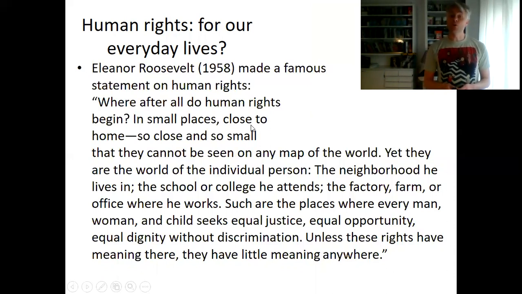Yet they are the world of the individual person, the neighborhood he lives in, the school or college he attends, the factory, farm, or office where he works. Such are the places where every man, woman, and child seeks equal justice, equal opportunity, equal dignity without discrimination. Unless these rights have meaning there, they have little meaning anywhere.